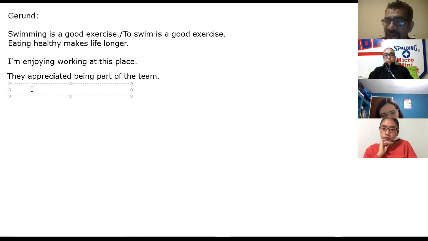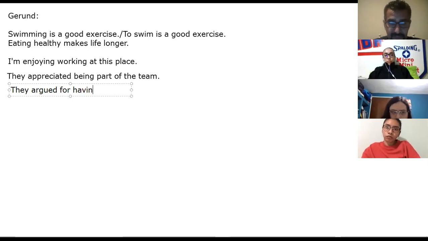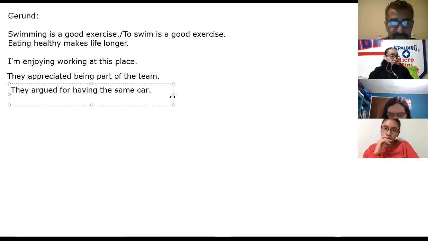The third use of the gerund is when we use prepositions. Okay? For example, they argued for having the same car.